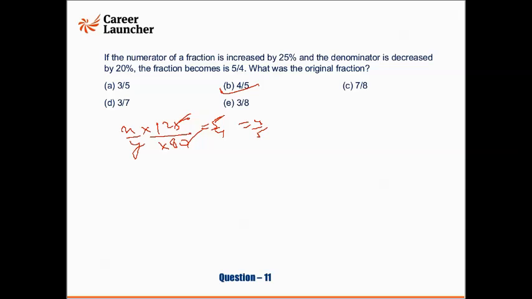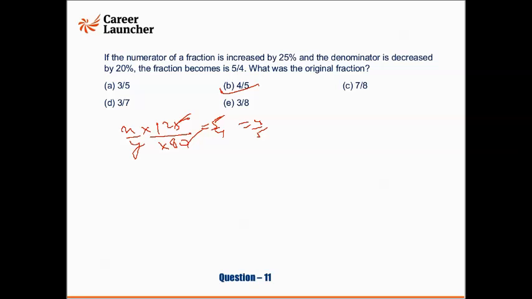Another way is to check it through the options. See, 3 by 5. The numerator is increased by 25% and the denominator decreased by 20% and then the fraction becomes 5 by 4. That means in my original fraction, the numerator definitely used to be less than 5, because earlier it was less than 5 and then it was increased by 25%, then it became 5, correct?